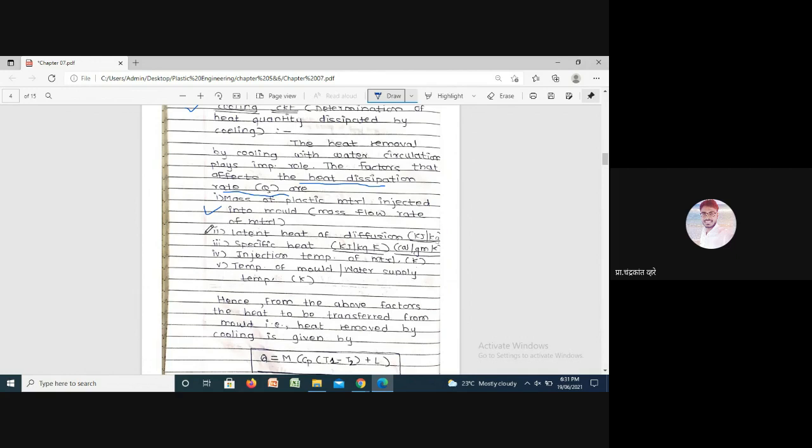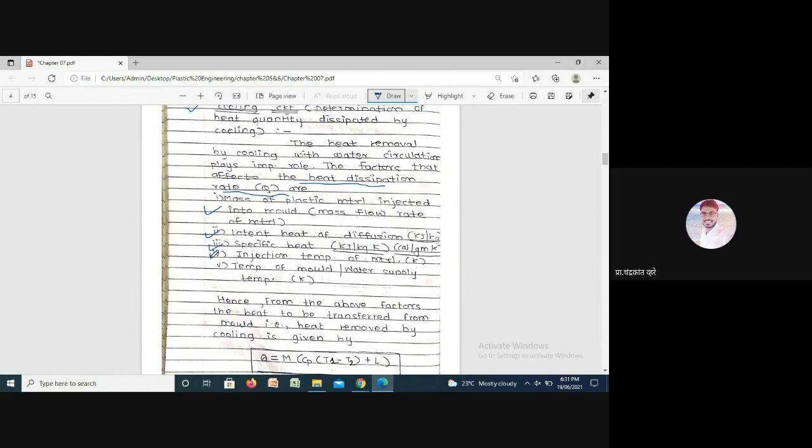Second one is latent heat of diffusion, in kilojoule per kg. This is also a parameter we require to calculate the heat dissipation rate. Next is specific heat, which has the unit kilojoule per kg Kelvin.